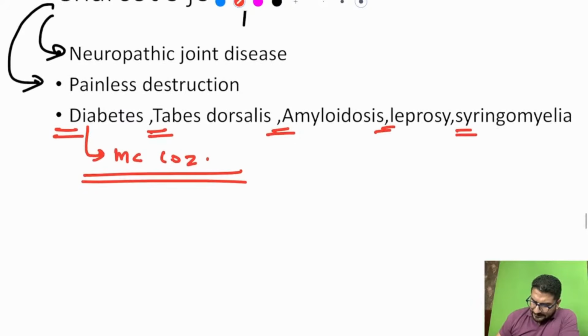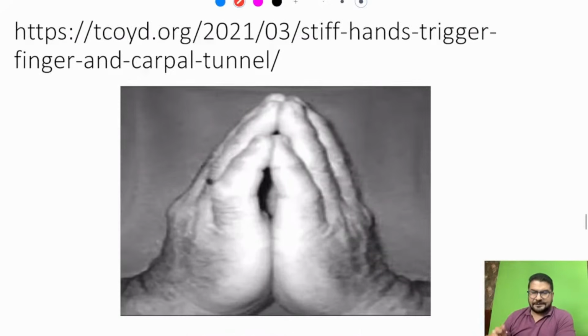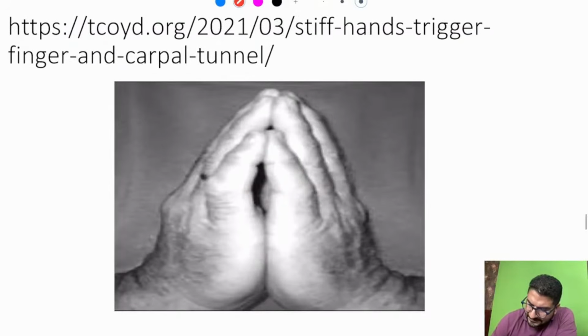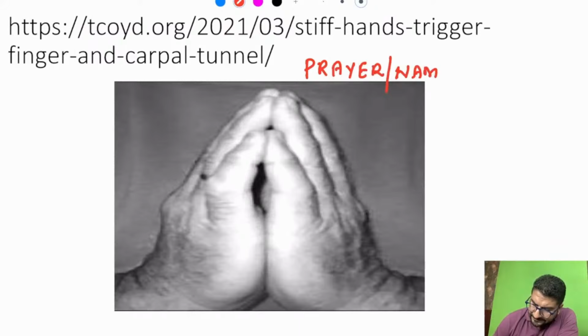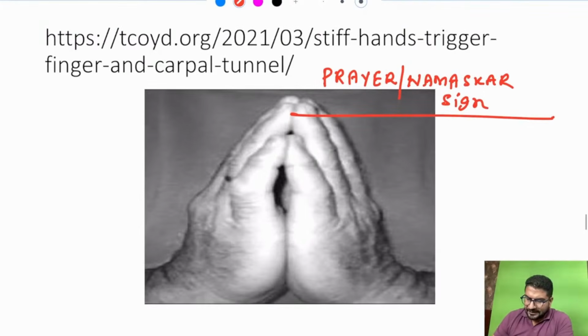Now try to understand, एक पेपर में फोटो पूछते हैं एग्जाम में बार बार. When there is painless destruction, then the patient cannot do this. इसको बोलते हैं prayer sign और नमस्कार sign. Prayer sign और नमस्कार sign means the patient cannot do this namaskar. So we call this Charcot joint, chiroarthropathy.